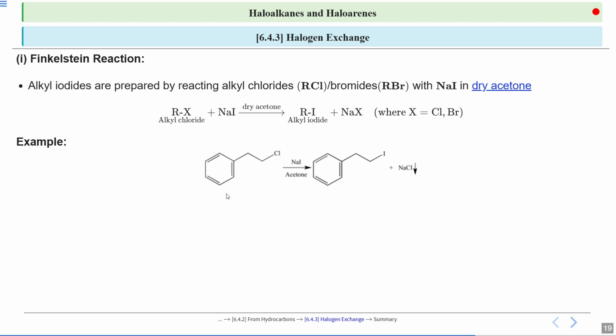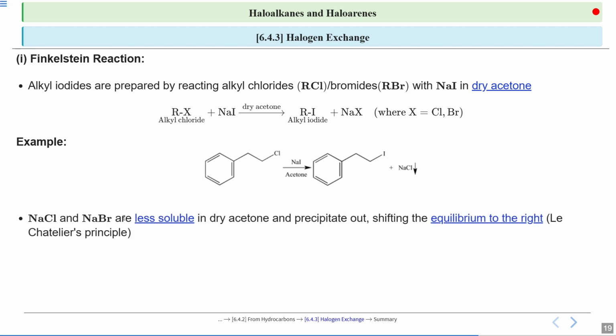So the reaction of an alkyl chloride or alkyl bromide with sodium iodide in the presence of acetone gives you alkyl iodide as your major product, plus NaCl, which precipitates out from the reaction mixture as a side product.